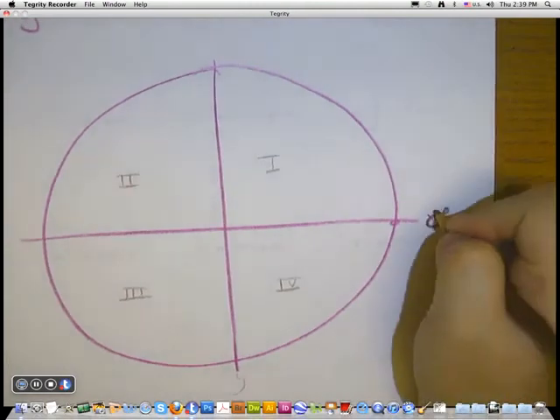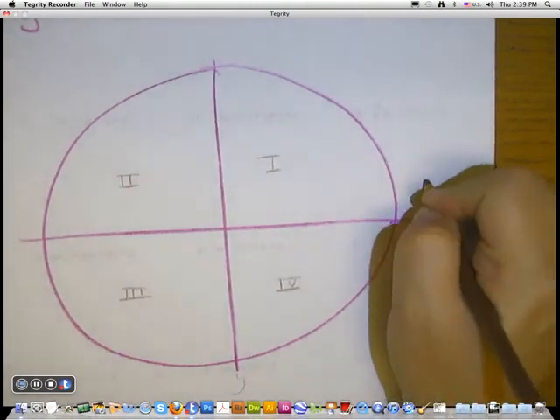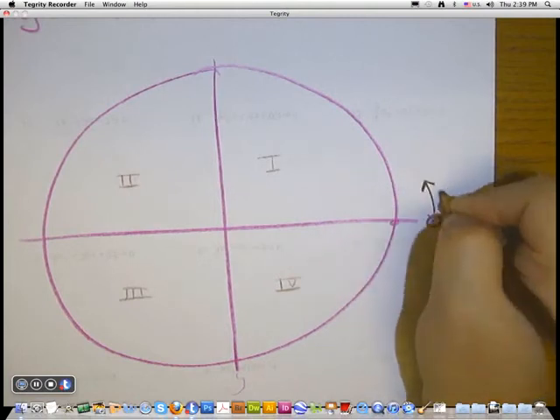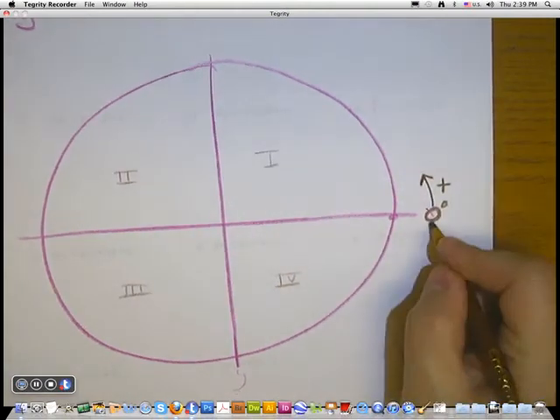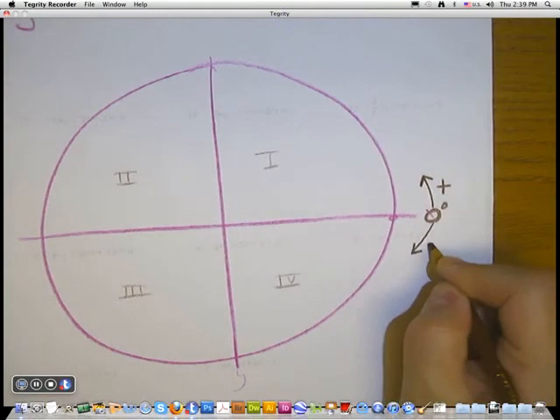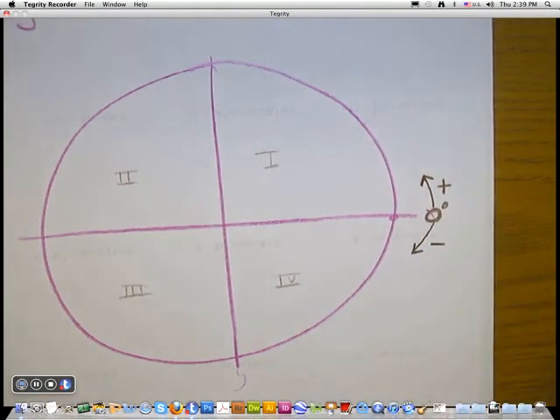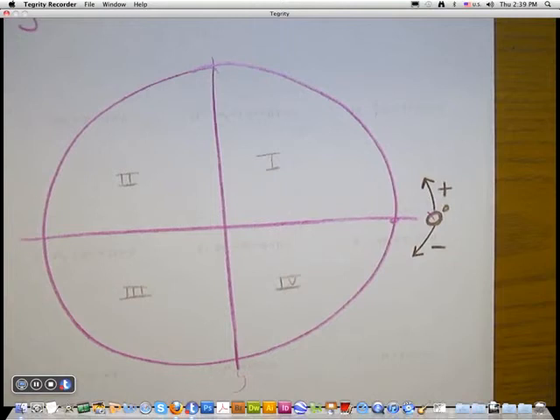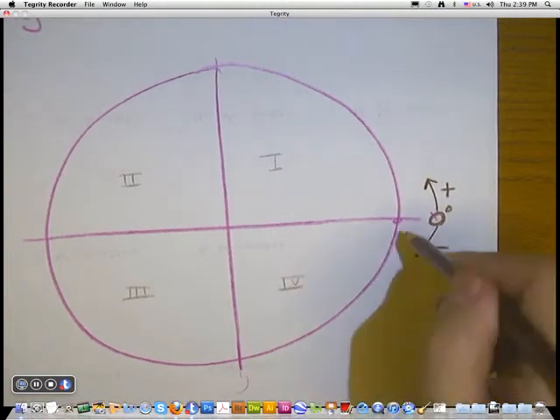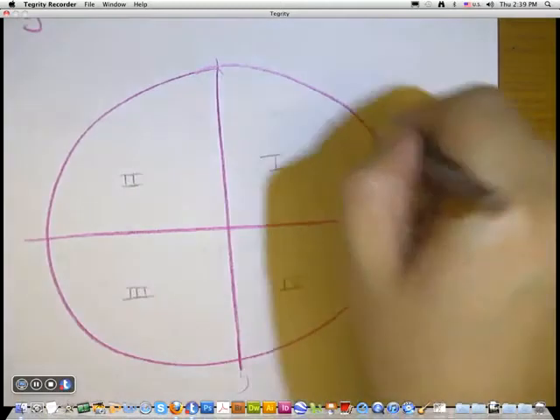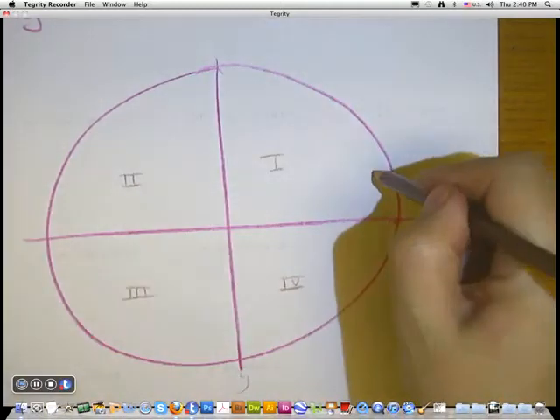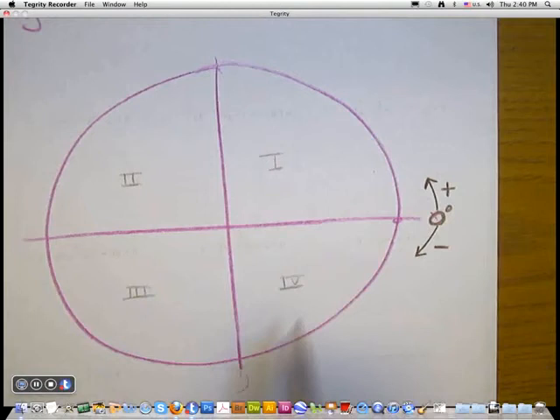And when we go counterclockwise, we get positive angles. And when we go clockwise, we get negative angles. And there are angles all the way around in both directions, positively, negatively. Quadrant 1, 2, 3, and 4.